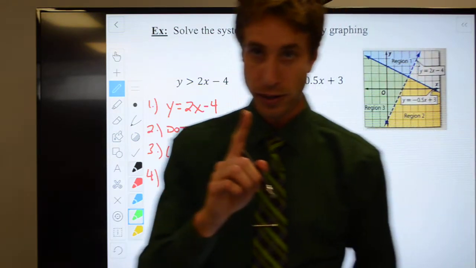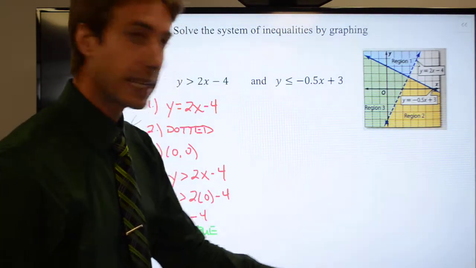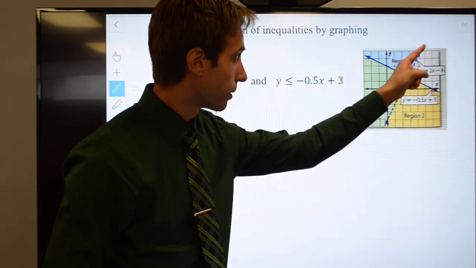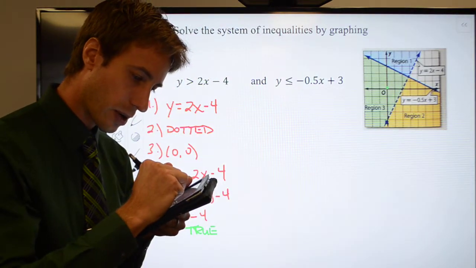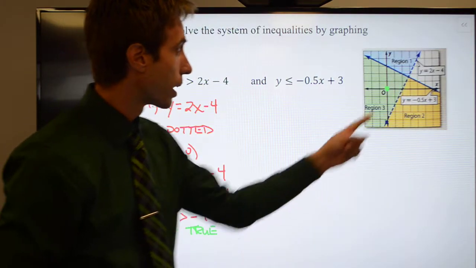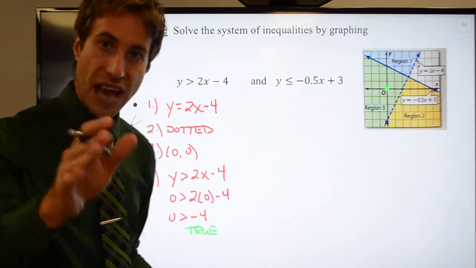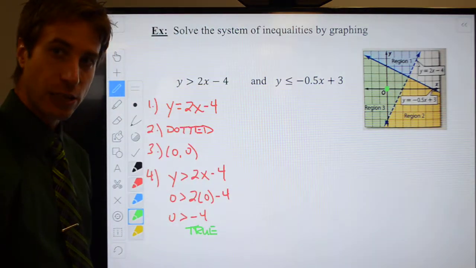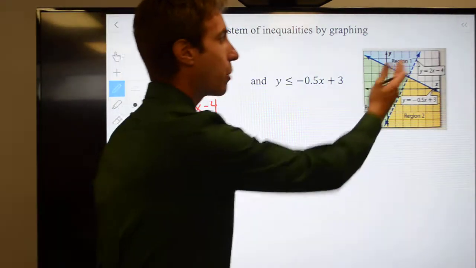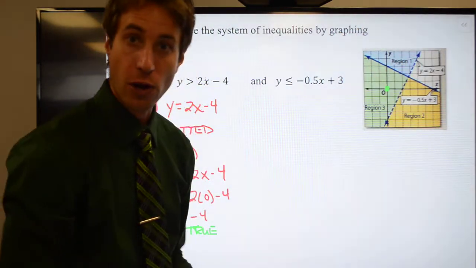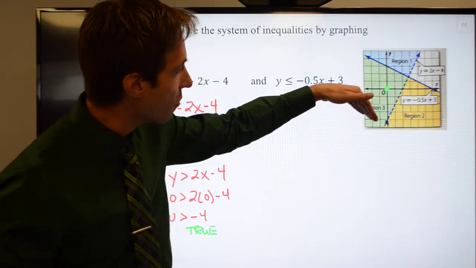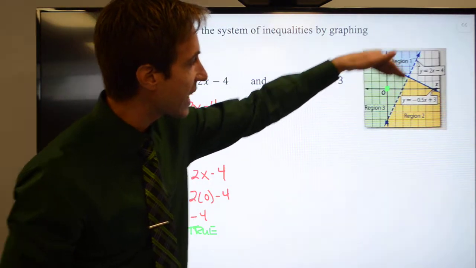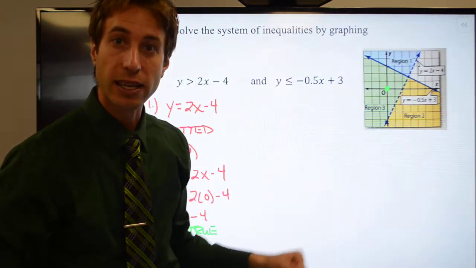Okay, let's think about this for a second. I need this dotted line. I chose the test point 0, 0, which is right there. Now, that test point gave me a true statement. So if I were to shade the graph, what would be shaded? Well, everybody over here on the left-hand side of that dotted line.